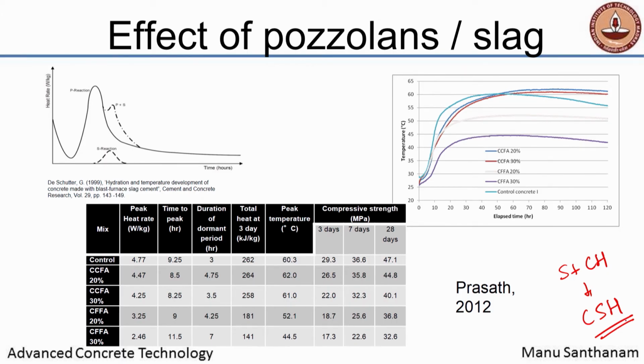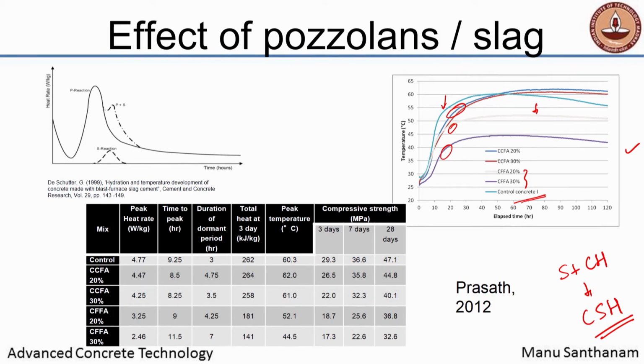So, mostly what pozzolans will end up doing, for example, if you consider this heat evolution pattern provided on the slide, you will see that as you are substituting control concrete, which is plain ordinary Portland cement, with fly ashes, the rate at which you obtain the peak temperature is lowered substantially for concretes which have cement replaced by fly ash, and the total heat or the peak temperature in this case is lowered significantly when your cement is replaced by type F fly ash, that is low calcium fly ash.